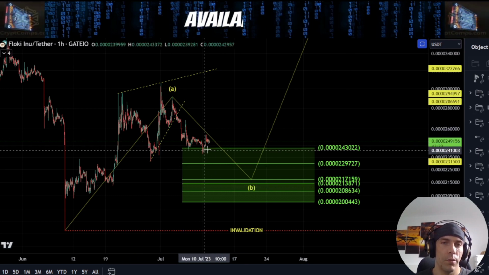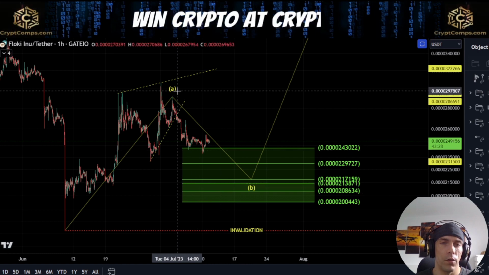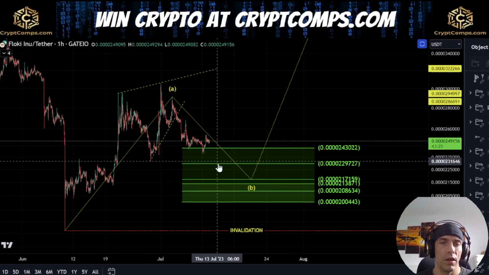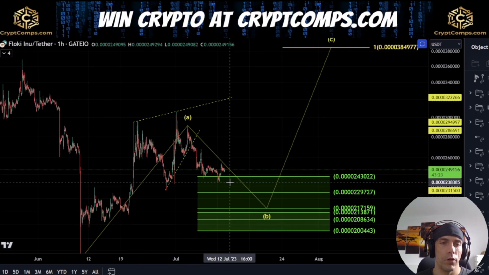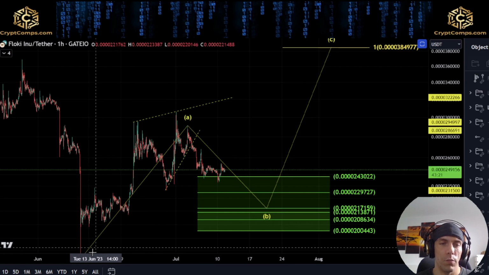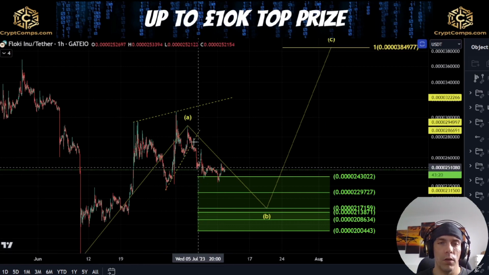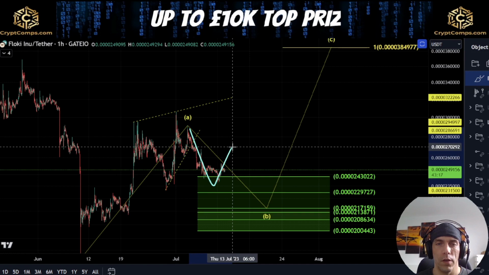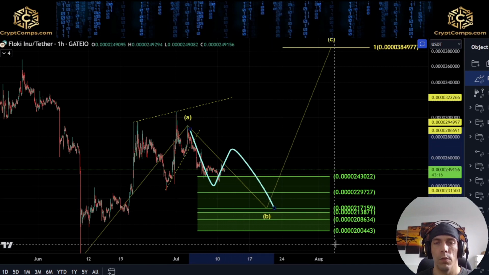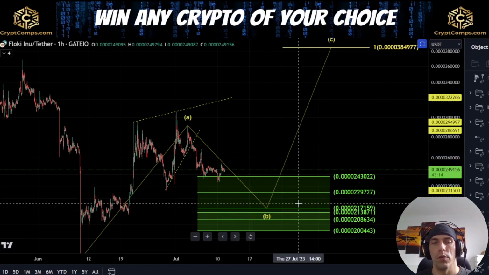Like I said, we have come down already enough that, technically speaking, it's enough to be a corrective structure to the downside, but in comparison to this move to the upside here, it would make a lot more sense that if we are going to see something like this, we're going to see a three-wave structure come back down deeper into this B wave.